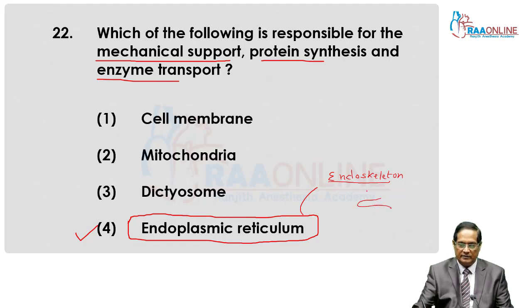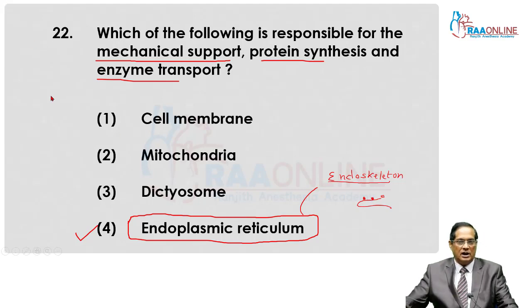Then they have ribosomes on their surface, so they are involved in protein synthesis. And through the ER, material is transported to the Golgi body. So answer number 4 is for question number 22.